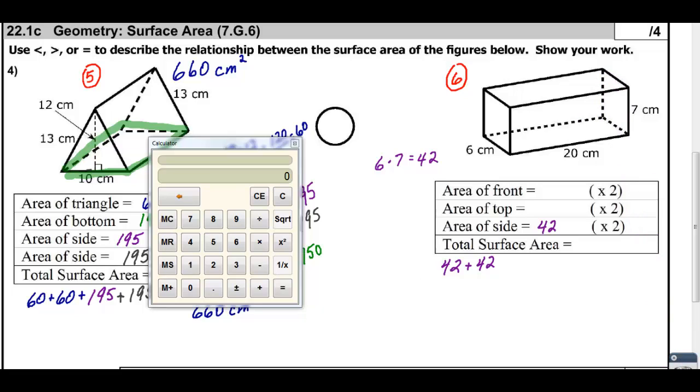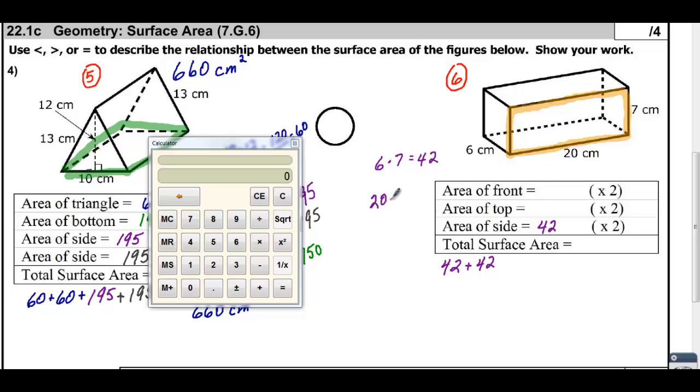Let's do the front of the box next. When I do the front of the box, I'm also getting the back of the box. So the front and the back have the same dimensions. In this case, the dimensions are 20 by 7.